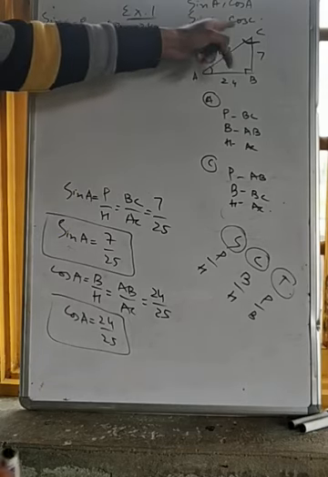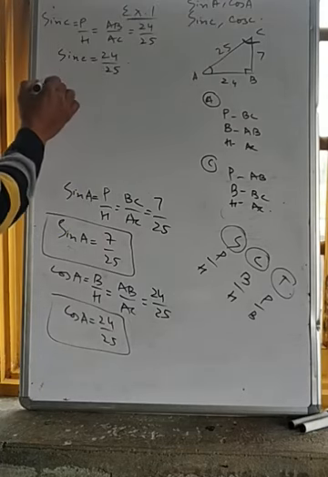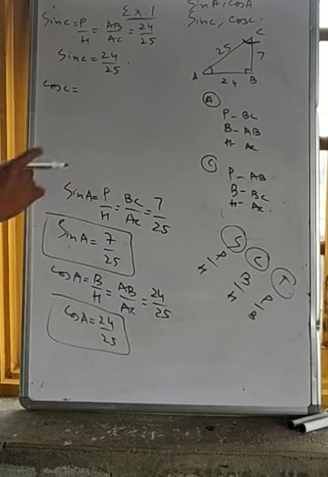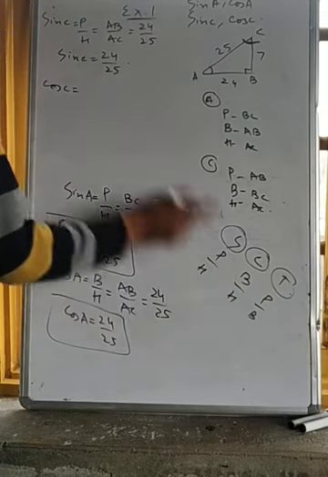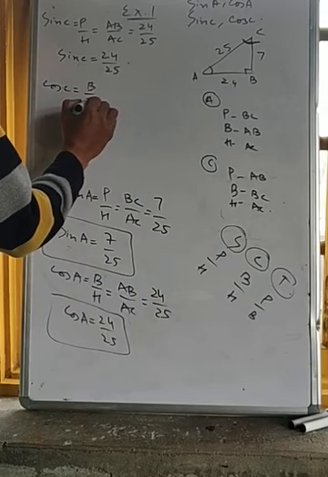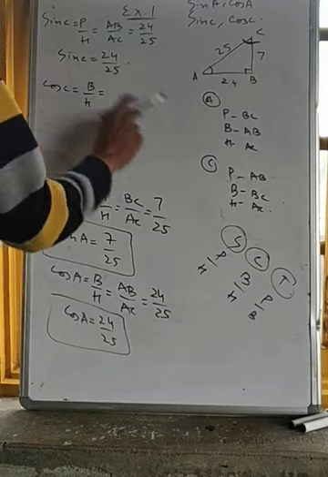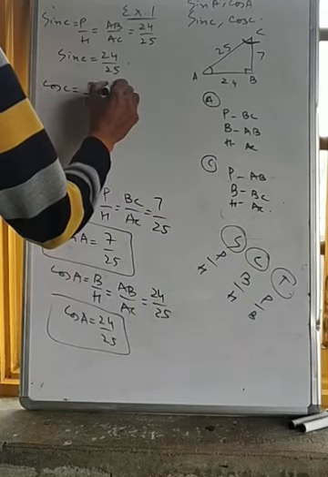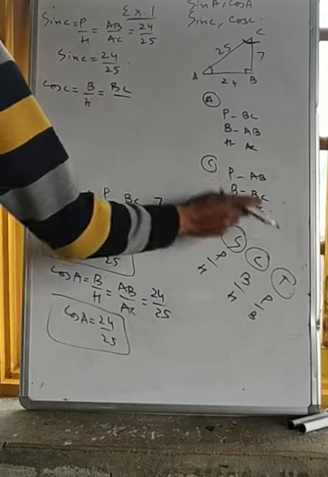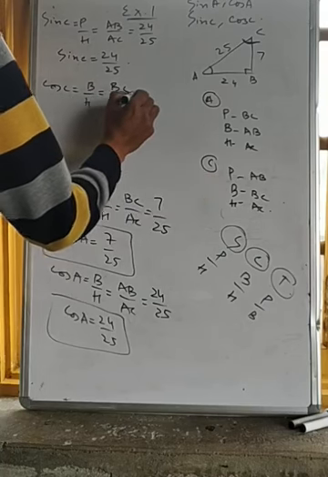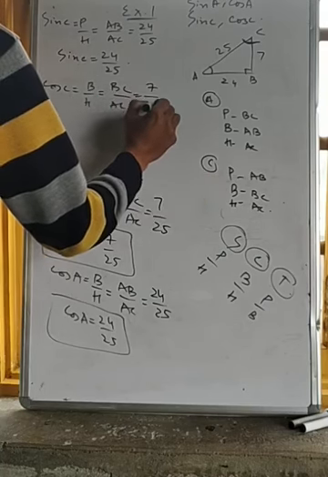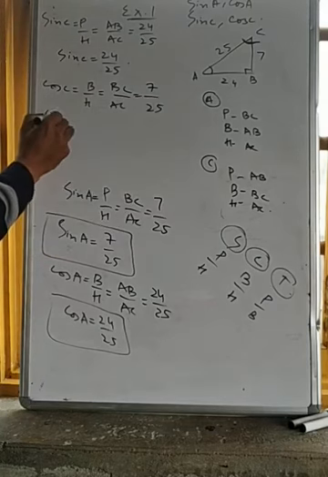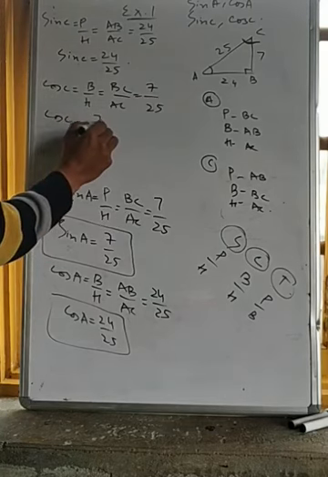The next thing which we are asked to find is cos C. Cos is equal to base divided by hypotenuse. Base for C is BC and hypotenuse for C is AC. BC is 7 centimeter, AC is 25 centimeter. So cos C is equal to 7 divided by 25.